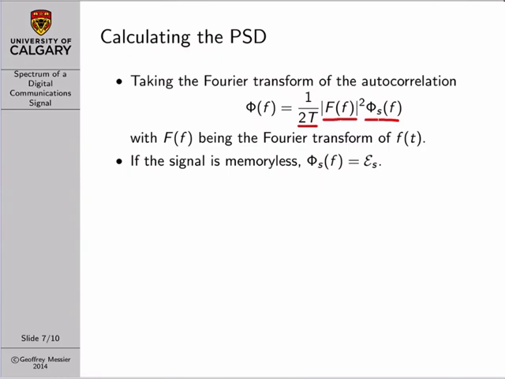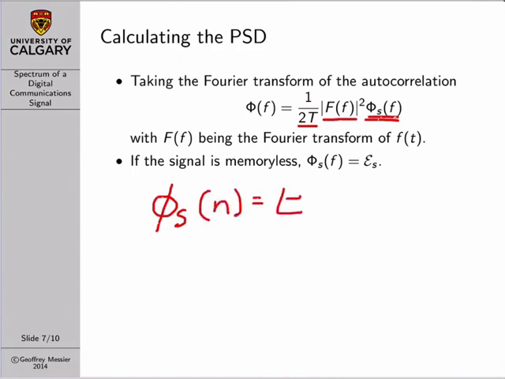The reason why the autocorrelation of the pulse shape term is multiplied with the power spectral density of the signal vectors is because it was a convolution in the time domain, right? So the convolution of these two expressions in the time domain is just a straight multiplication of the two in the frequency domain.